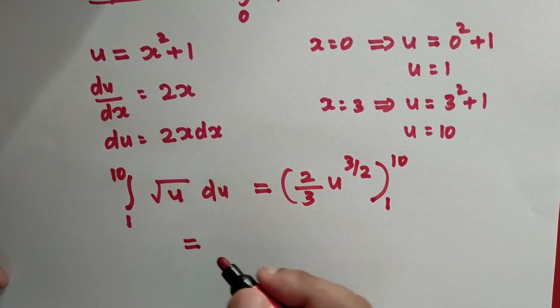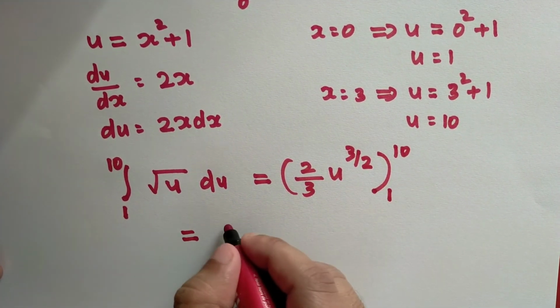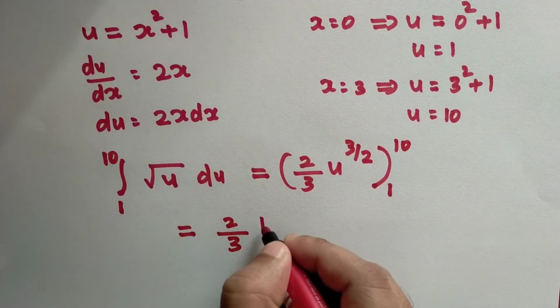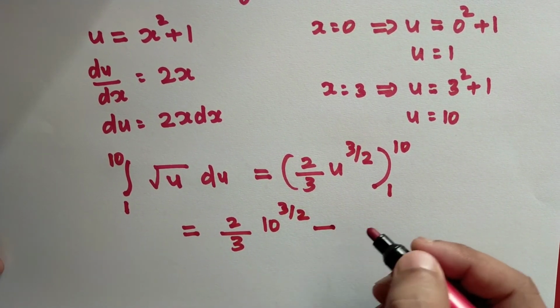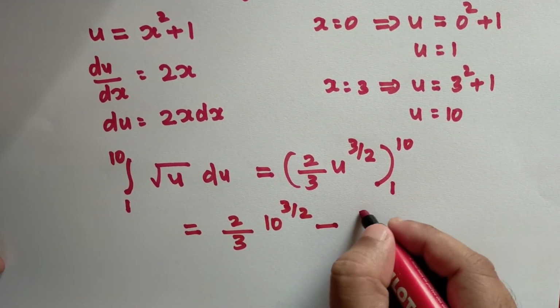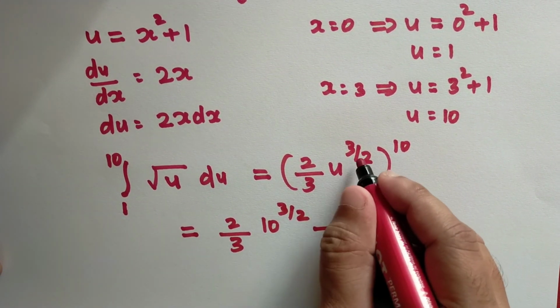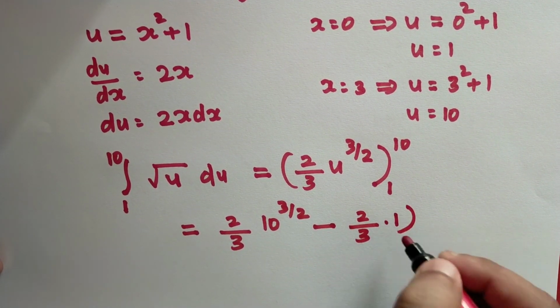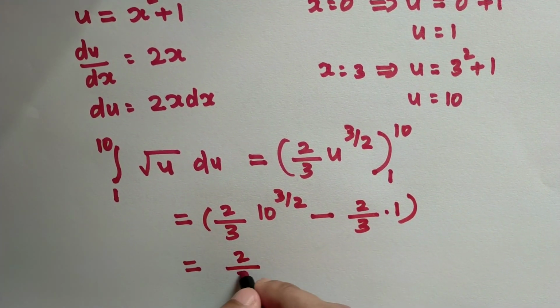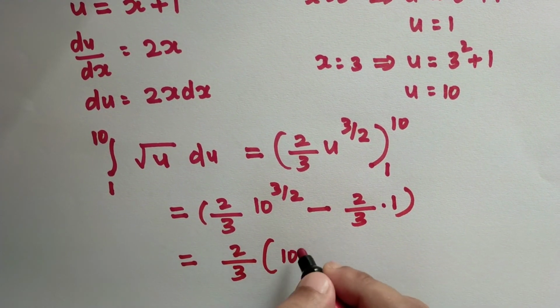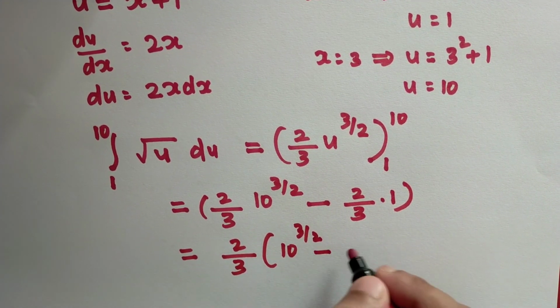That is equal to, first substitute upper limit. So 2 by 3, 10 power 3 by 2, minus, then substitute lower limit. So 2 by 3, 1 power 3 by 2, 1 itself. That is equal to, here 2 by 3 is common, take it outside. Then 10 power 3 by 2 minus 1.